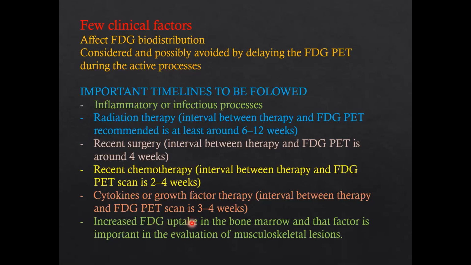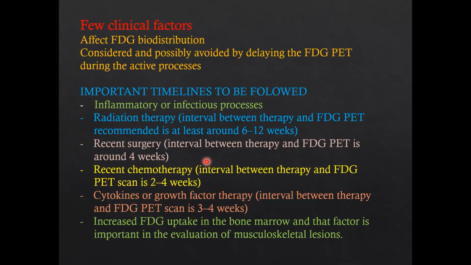Increased FDG uptake in the bone marrow and these factors are important in the evaluation of musculoskeletal lesions. These are very important because of post radiation, post surgery, post chemotherapy or growth factor therapies. For example, post radiation there can be radiation inflammation, so if you do a PET within an interval shorter than this, the inflammation because of radiation can give false results and a false uptake.